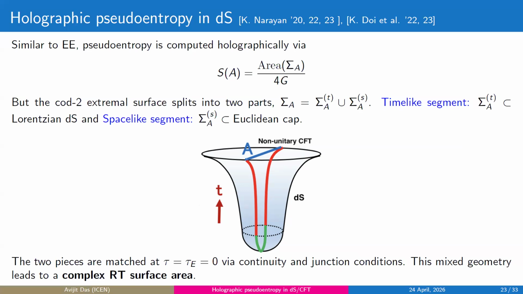So that's why it becomes time-like. And then in the Euclidean section, this green line, it is a Euclidean section, so there is no time. So that becomes space-like. So basically, your whole RT surface is a joint between a space-like and a time-like RT surface, joined smoothly at this junction, tau equal to 0. And that's why it can be complex, because when you measure the length of a time-like geodesic, it can become complex.